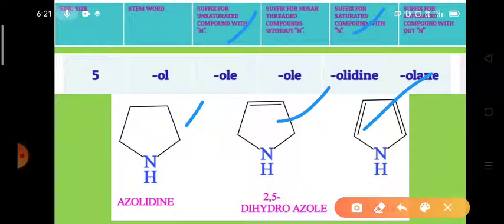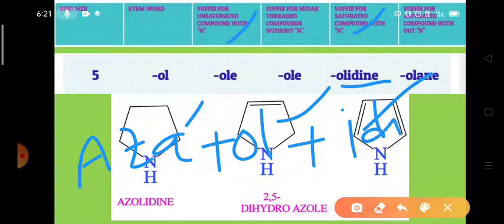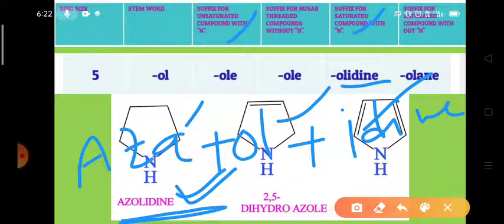As nitrogen atom is present, then we have to use the aza as the prefix, aza plus stem word is ol. Okay, and for the saturated with nitrogen we would use idine, so now it becomes azolidine. Okay, that's good, it is azolidine.